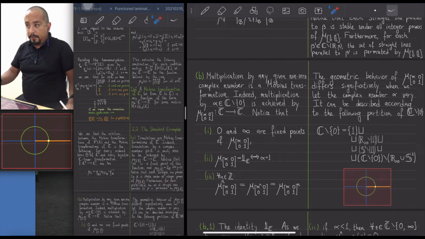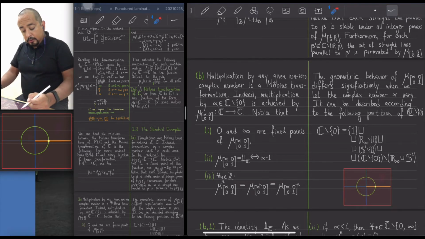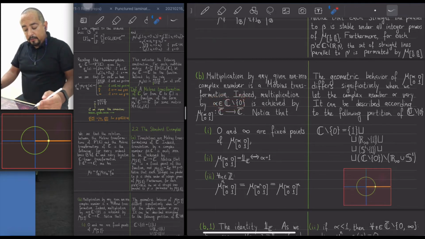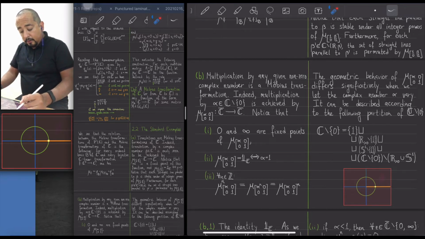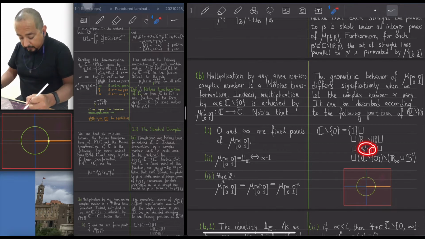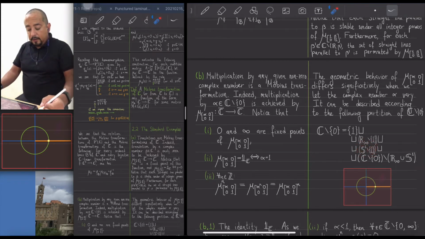It's not very hard to see that the geometric behavior depends on whether alpha is 1, of course, when you have the identity, or a positive real number, excluding 1, or it is in the unit circle, excluding 1, and the rest.